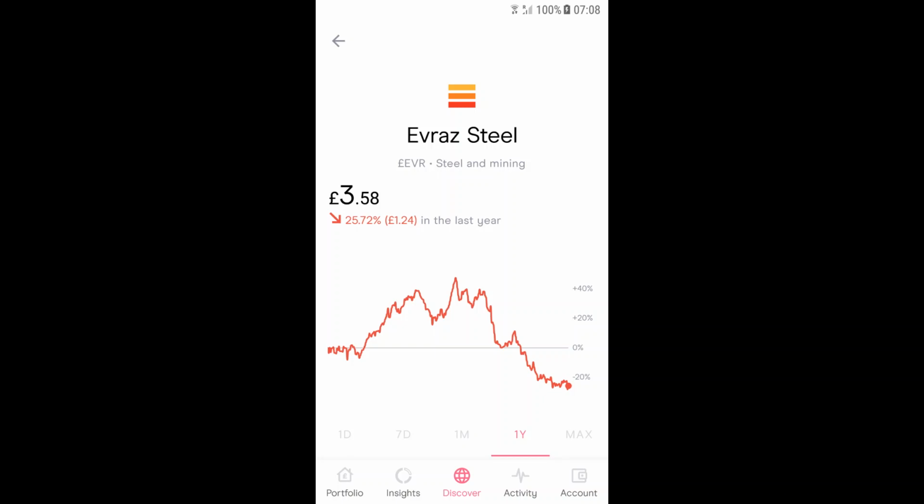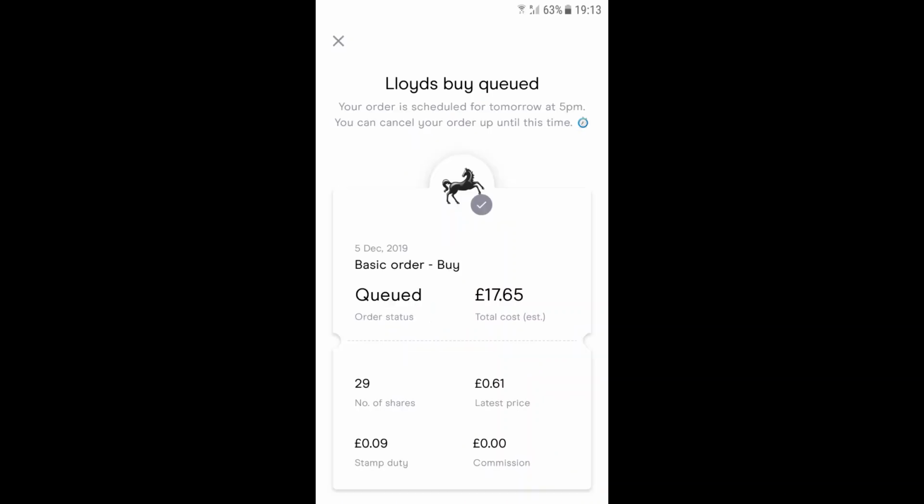And then the transaction went through, and I had some money left over, roughly £60, I think. So I spent the rest of that on Lloyds Banking Group, which was roughly about 29 shares.